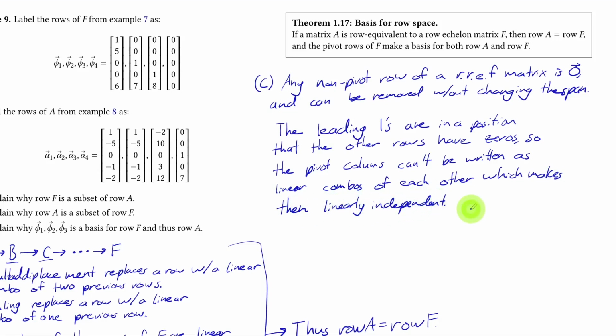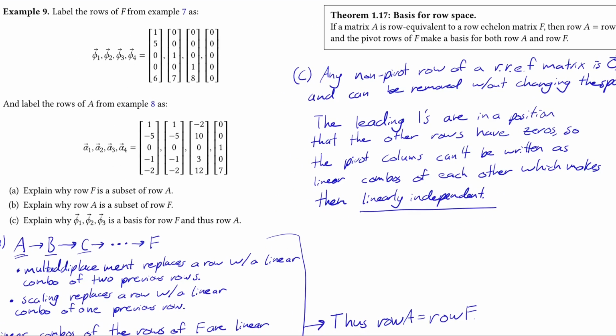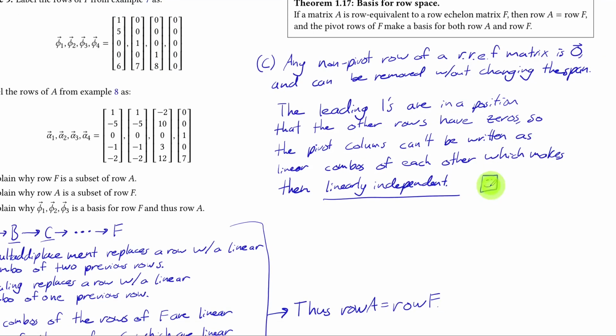And so we have a basis. It's linearly independent, and the span of just the pivot columns still spans the whole row space because we don't need to include the zero vector. Cool beans.